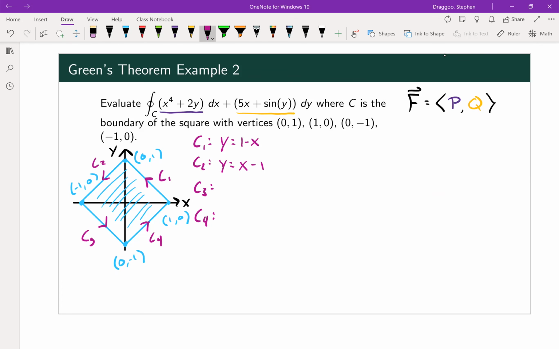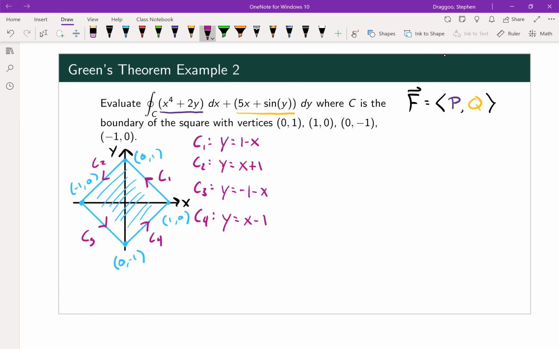I think. Oh, no, never mind. That's not x minus 1. That's x plus 1. There we go. For C3, we've got a negative slope once again, so this looks like negative 1 minus x. And for C4, this time it's x minus 1. There we go. So we could parameterize each of those four pieces of C and do four separate integrals, add them all up to get the total line integral over the closed curve C.